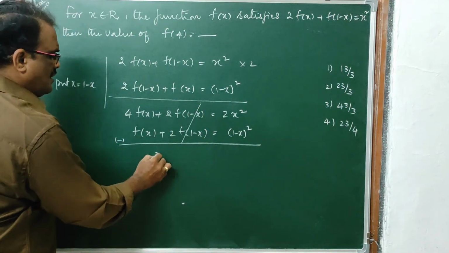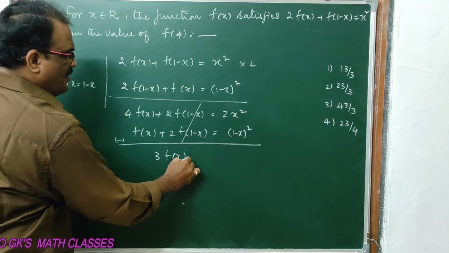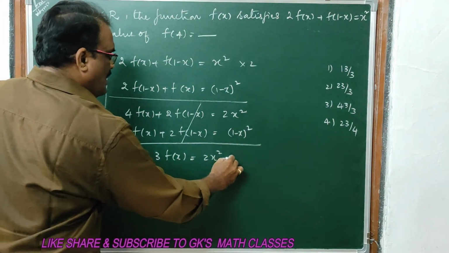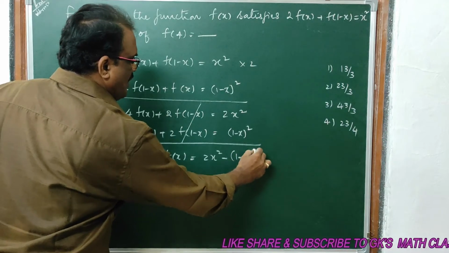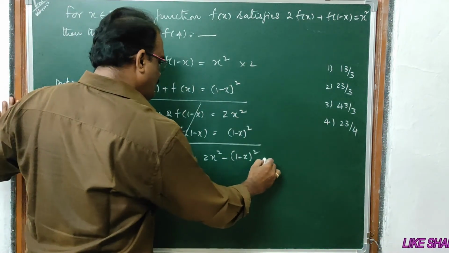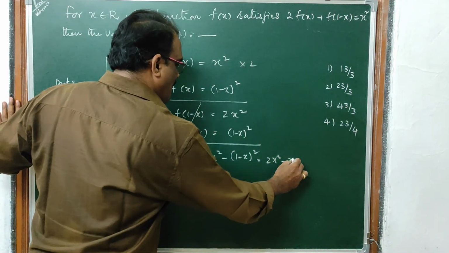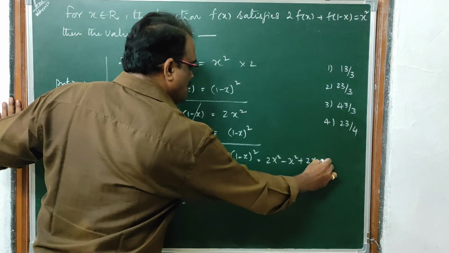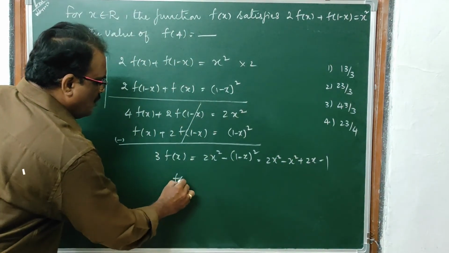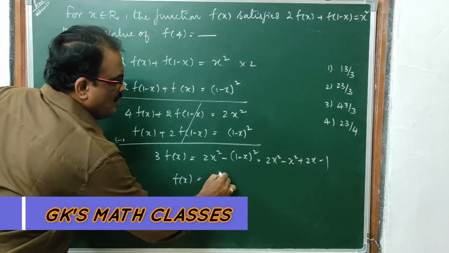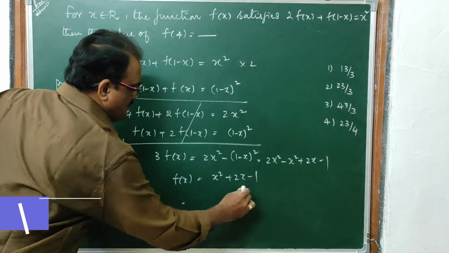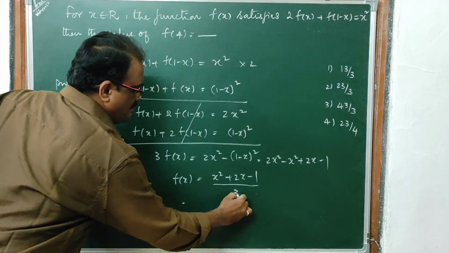Subtracting one from the other, 3f of x is equal to 2x square minus (1 minus x) whole square. 2x square minus x square plus 2x minus 1. So f of x is equal to (x square plus 2x minus 1) by 3.